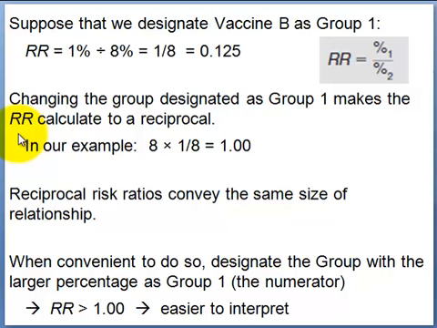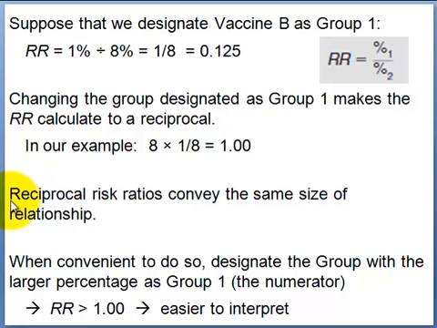Reciprocals multiply together to 1. So when we switched from group 1 to group 2, we switched from a risk ratio of 8 to a risk ratio of 1/8, and you can see that these are indeed reciprocal risk ratios because their multiplication yields 1.